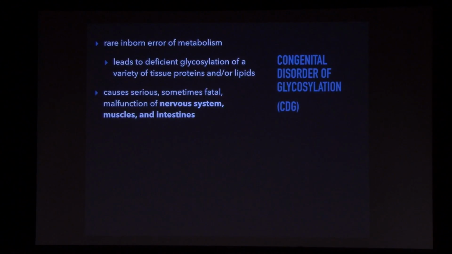Moreover, PMM is important to be studied because it's disease-related. So congenital disorder of glycosylation, CDG, is a rare inborn error of metabolism that leads to deficient glycosylation of a variety of tissue proteins and lipids. And it causes serious, sometimes fatal malfunction of nervous system, muscles, and intestines.